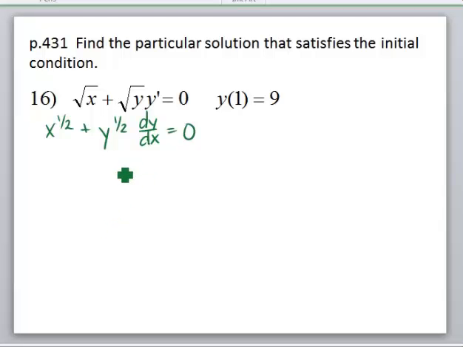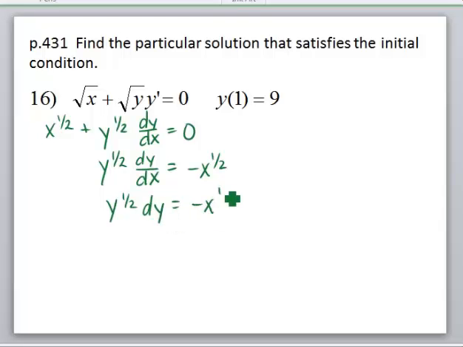We need to get our variables separated. So I'm going to subtract x to the 1/2 off both sides. Then I'm going to multiply by dx on both sides. And now I'll be ready to integrate both sides.